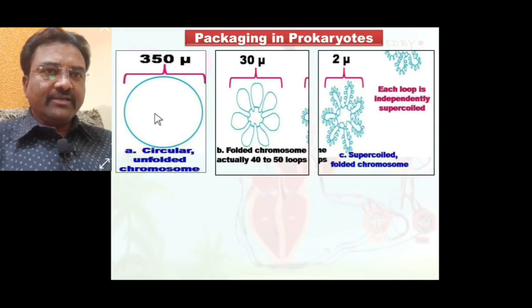So the size of the nucleoid in prokaryotes is reduced, and due to this the small cell easily accommodates the nucleoid.